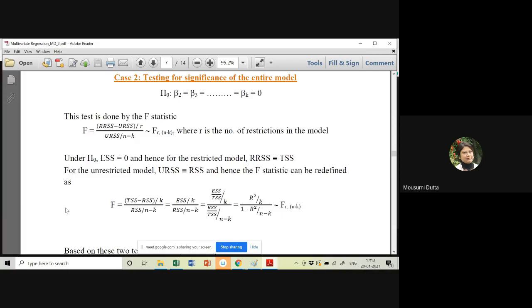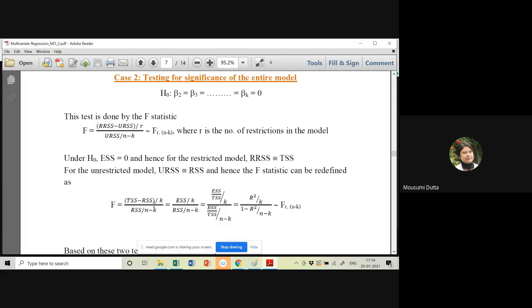Hence, the F statistic can be redefined with RRSS replaced by TSS. So F is equal to TSS minus URSS, with URSS replaced by RSS. So TSS minus RSS, with the total number of restrictions being k, all k restrictions we are considering, divided by URSS, which we call RSS, so RSS by n minus k.